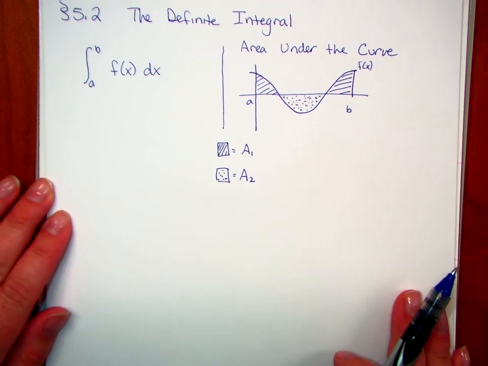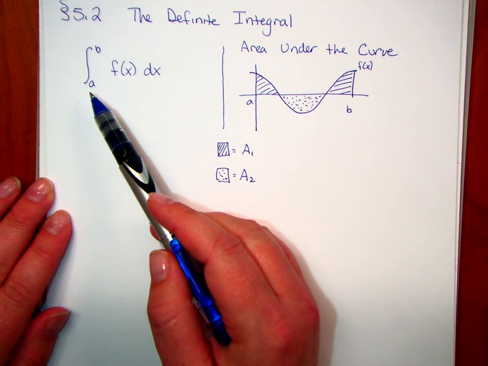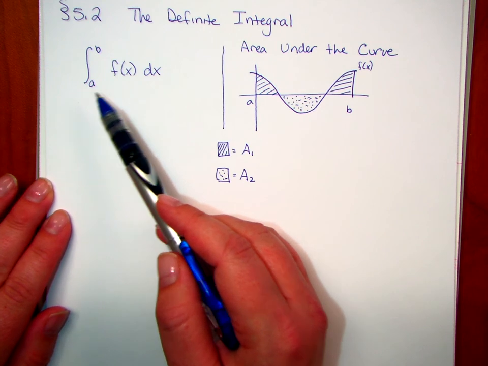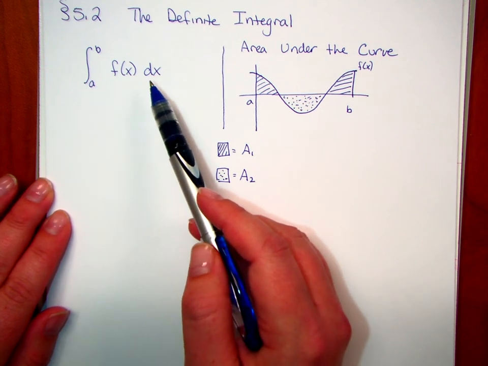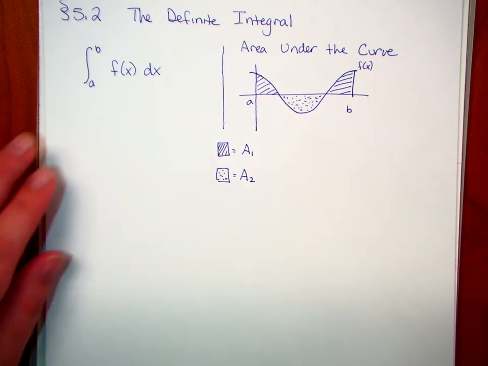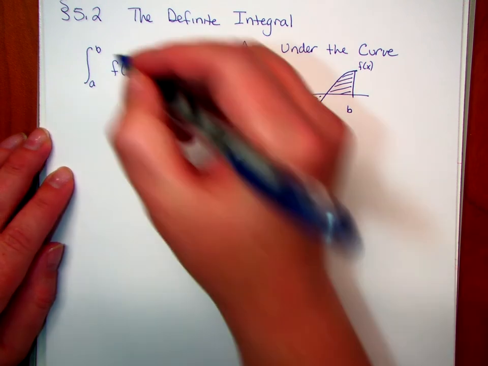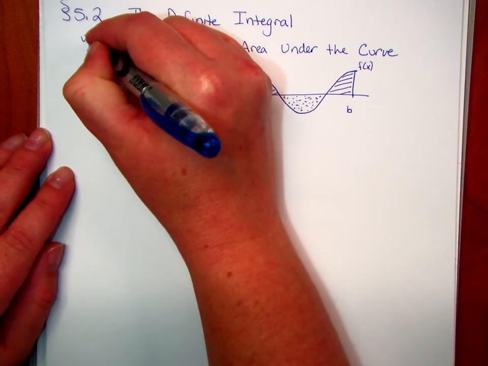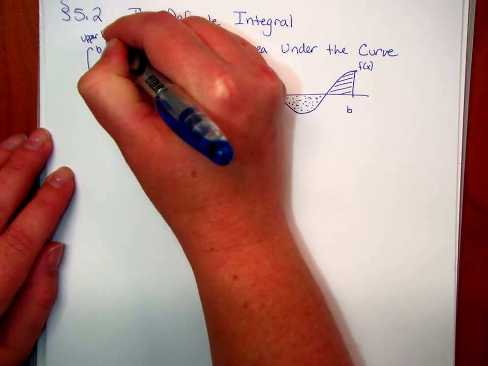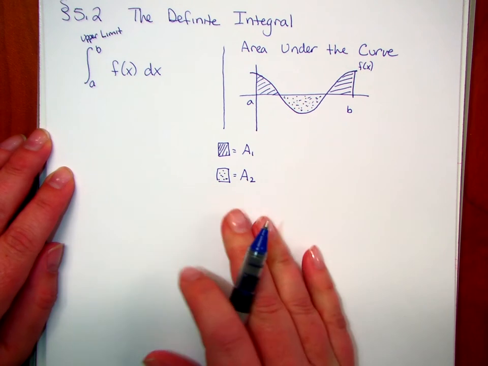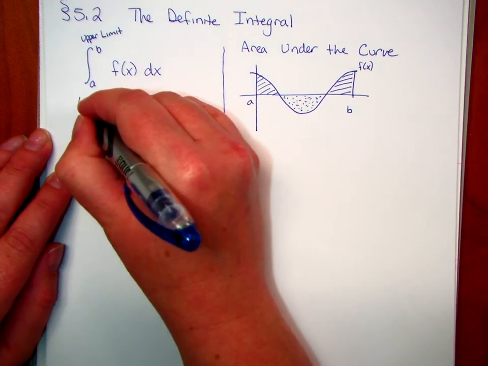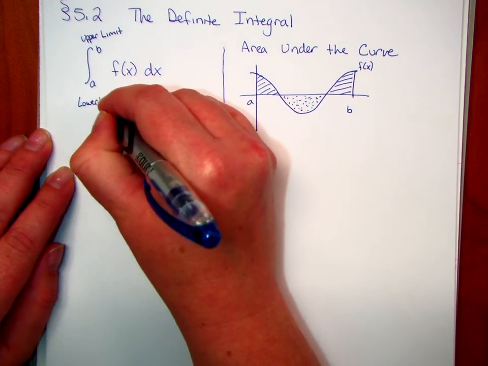So here is the integral from a to b of a function f of x dx. A and b are what we call the upper limit and the lower limit. B is going to be the upper limit of our integral, and a is going to be the lower limit.